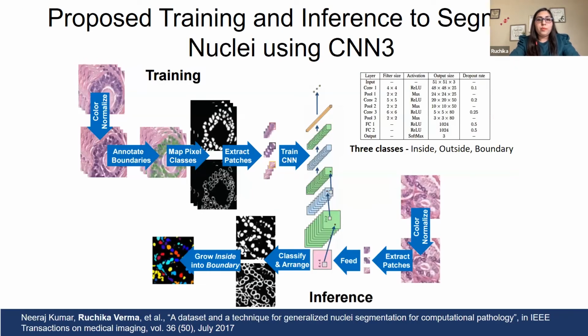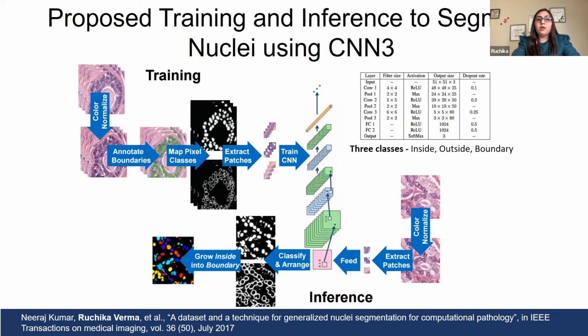So here is the proposed approach. In this work, we first used color normalization because the images were coming from different hospitals. There was stain variability, and to make sure that the model does not learn the color variation, we first did color normalization. And because we had nuclei annotations, we first created nuclei maps, where we created maps for foreground and background nuclei pixels, as well as the boundary maps.